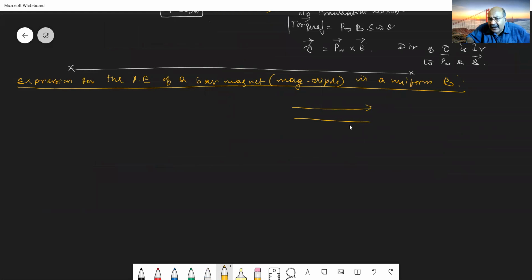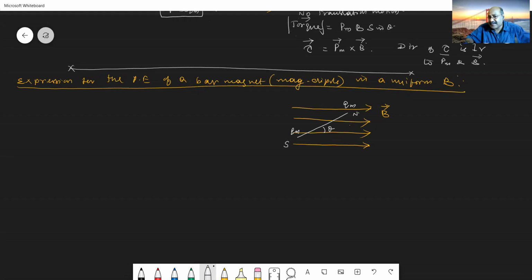I have a uniform magnetic field acting along the horizontal line, represented by parallel lines. This is taken to be B vector. Inside this, I have a bar magnet or magnetic dipole, with the south pole at one end and the north pole at the other end, placed initially at an angle theta, and having pole strength Q M.